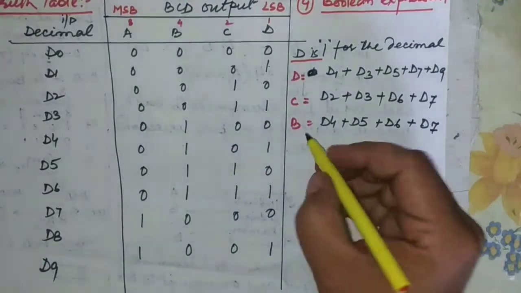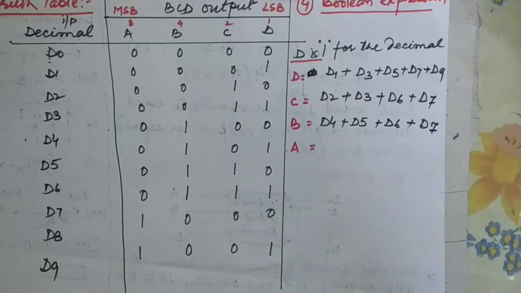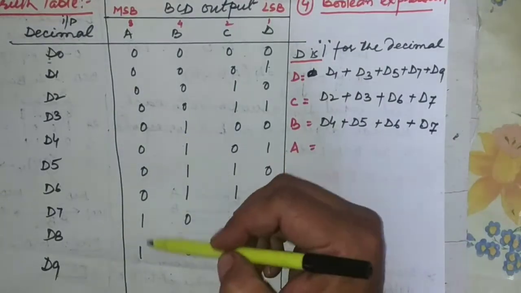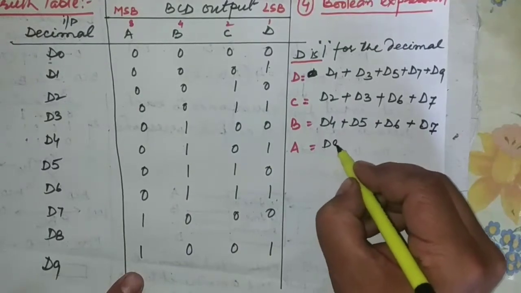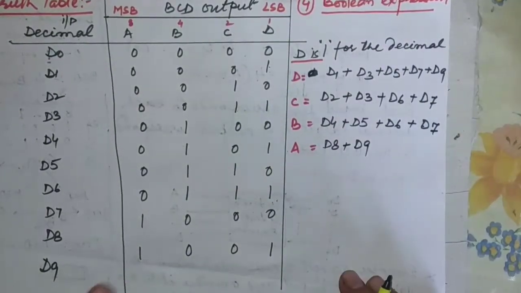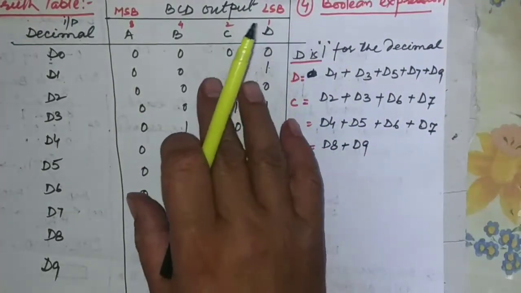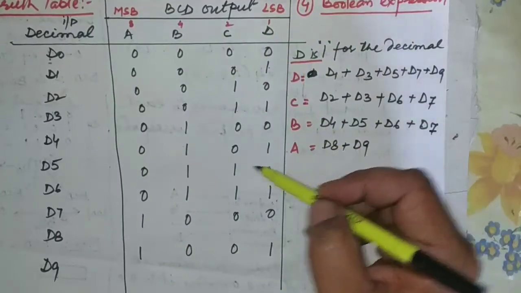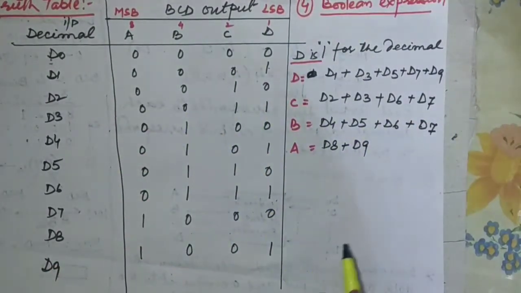And for A, which is the most significant bit, only D8 plus D9. Okay, so these are the Boolean expressions for all the 4 outputs that are derived by looking into the truth table.